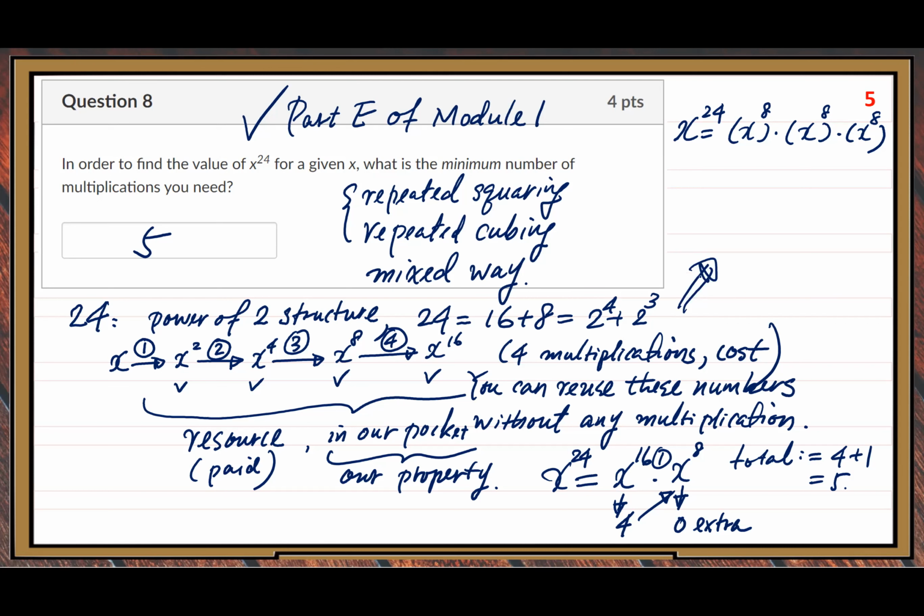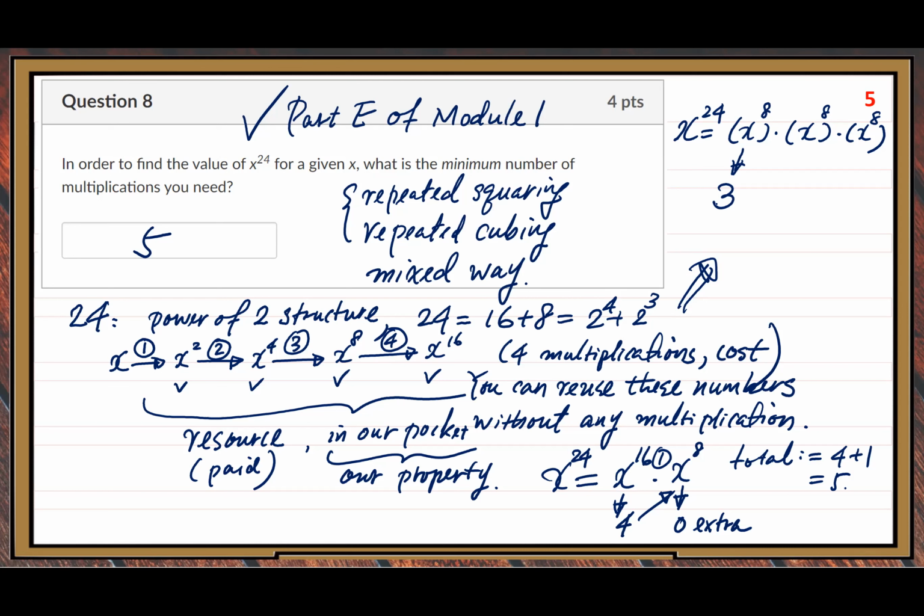This time, we calculate the power of 2 through x to the 8th. So we need 3 multiplications. We do not do x to the 16th. We stop after we get x to the 8th.